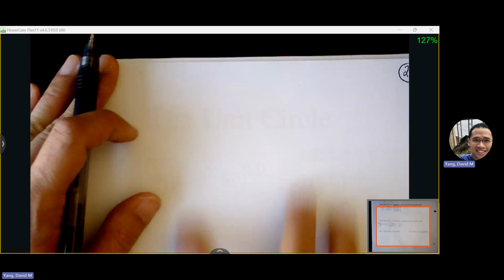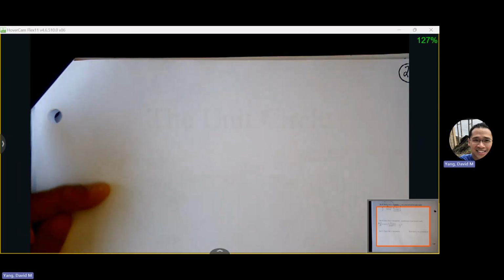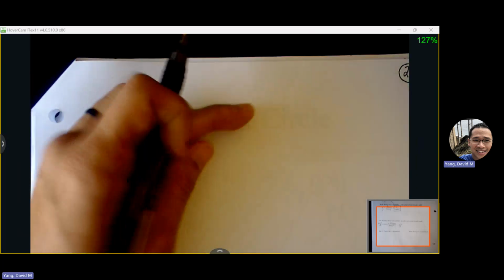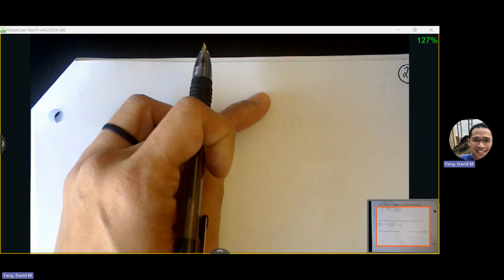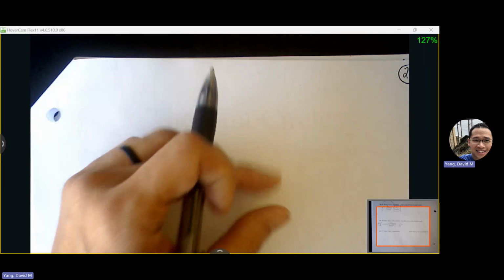So much the same way that I like to organize my trig functions, I'm going to organize my arc trig functions the same way. I will have the sine, tangent, secant on the first row, and the second row are going to be the C functions in alphabetical order, but arc cosine, arc cotangent, arc cosecant.